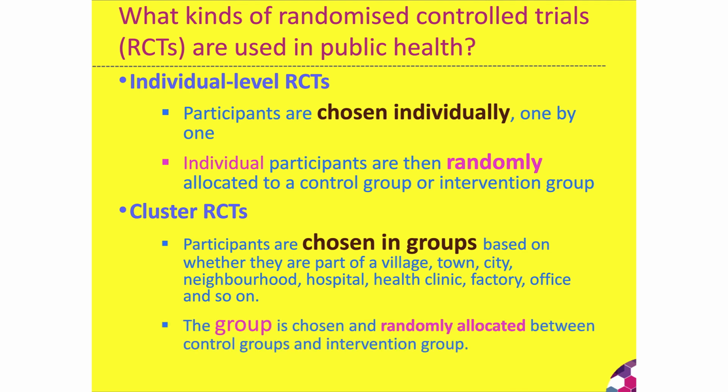The group is chosen and then the group is randomly allocated between the control group and the intervention group. And then from those group level participants, individuals are given the control intervention or the main intervention that we're interested in, such as a drug, a vaccine, or a health promotion intervention.